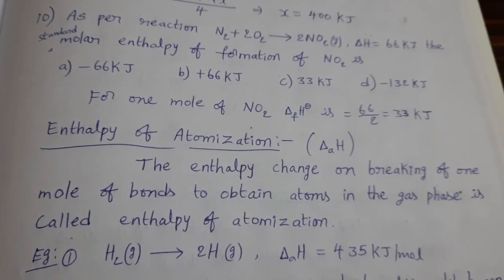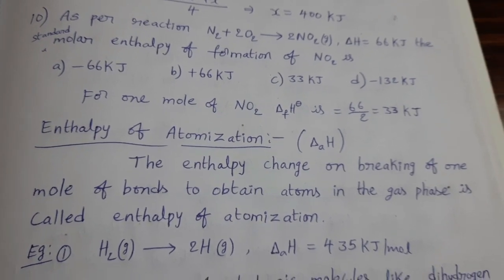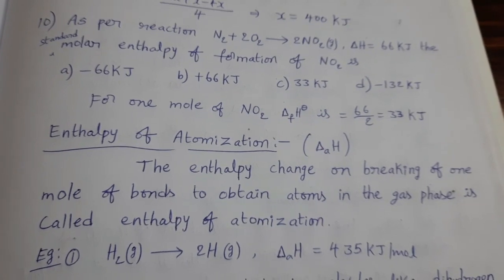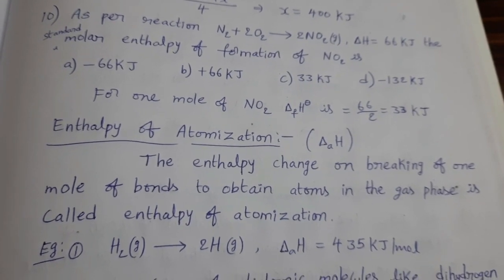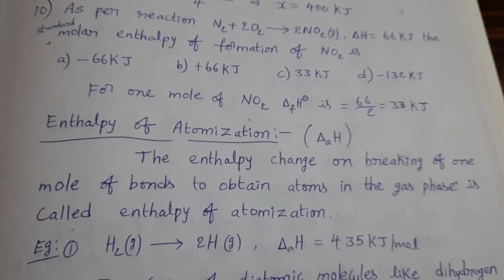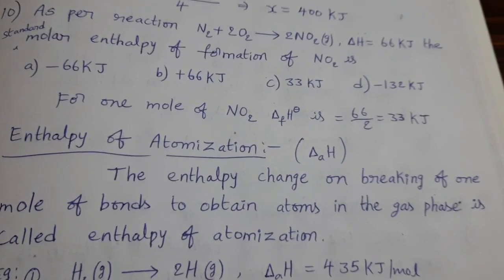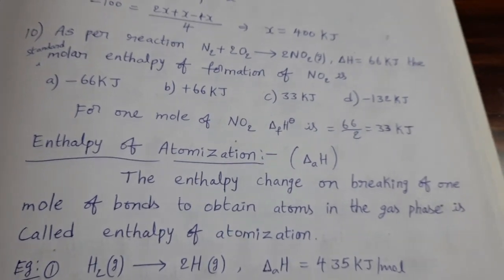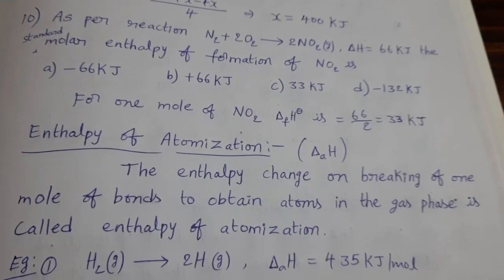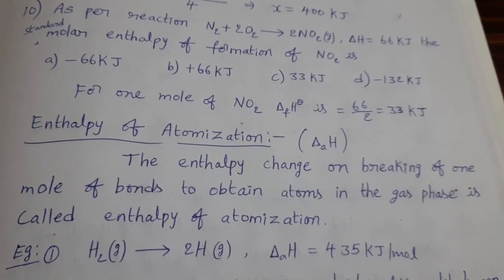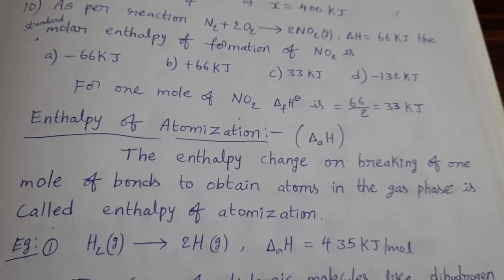Enthalpy of atomization, delta A H. Atomization means a molecule is converted to its atoms. The required heat energy is called enthalpy of atomization. See this. The enthalpy change on breaking of 1 mole of bonds to obtain atoms in the gas phase is called enthalpy of atomization.